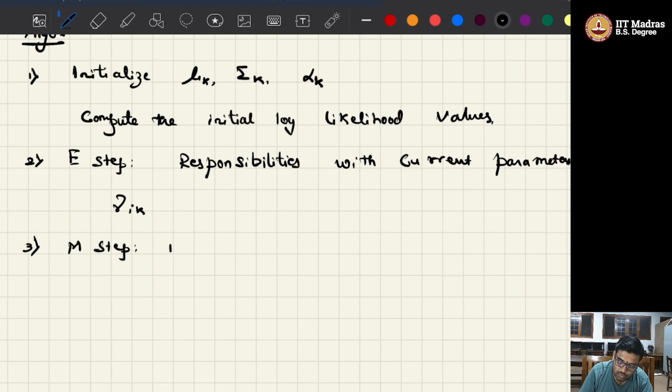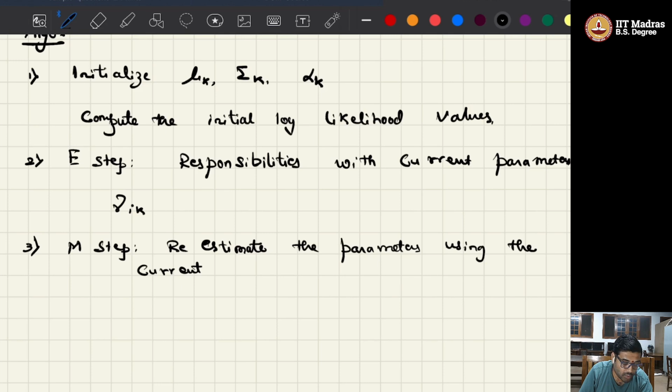The third step is the M step. Now this is re-estimating the parameters using the current responsibilities.